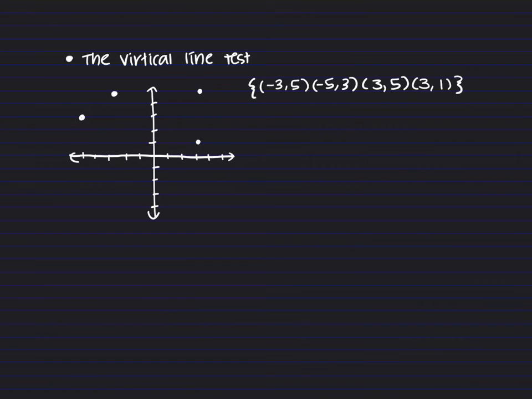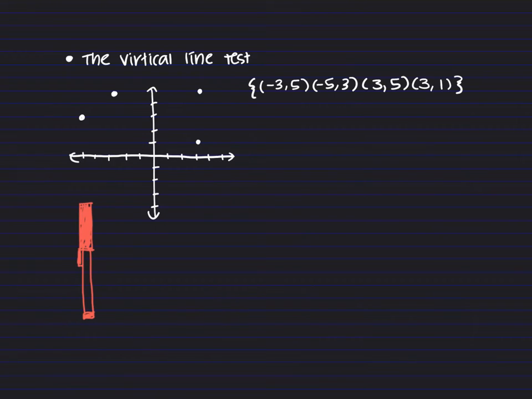Now for the vertical line test, you're going to have an imaginary vertical line that hovers over the graph. Because we don't have a physical class right now, I'm just going to pretend that I have a pen that I'm going to use for the test.